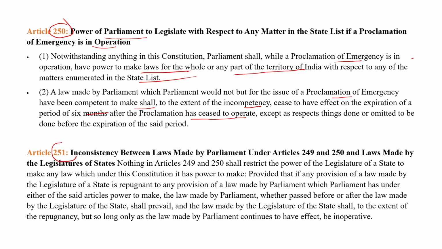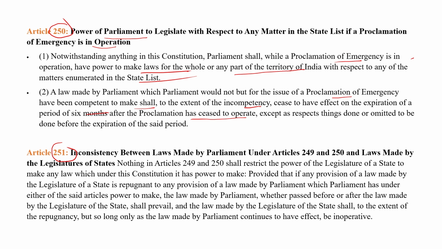Article 251 explains the inconsistency between a law made by Parliament under Articles 249 and 250 and a law made by the legislature of a state. It says that nothing in Articles 249 and 250 shall restrict the power of the legislature of a state to make any law which under the Constitution it has power to make.